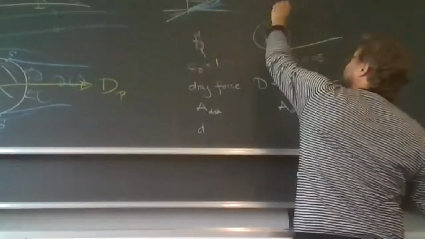Probably it's even a bit smaller here. Just look at these two objects. These two objects have the same drag. I think this is quite counterintuitive, at least to me, that these two objects would have exactly the same drag. So this is something that comes out of these diagrams and something to remember.